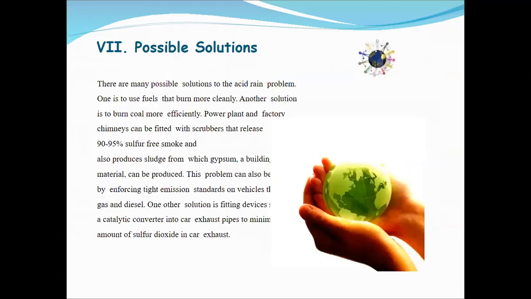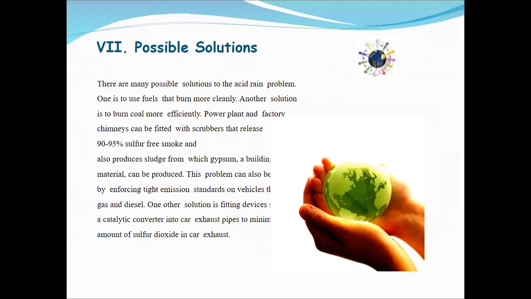Okay. So what are the possible solutions to overcome this critical problem? There are many possible solutions to the acid rain problem. One is to use fuels that burn more cleanly. Another solution is to burn coal more efficiently. Power plant and factory chimneys can be fitted with scrubbers that release 90 to 95% sulfur-free smoke and also produce sludge from which gypsum and building material can be produced.